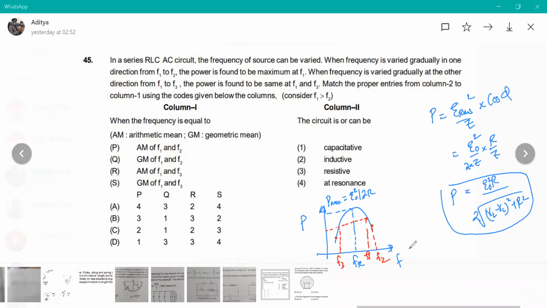So if at F1 and F3, the power factor is same, that means the value of XL minus XC whole square is the same. So that means you have that kind of relation now. So you have the relation that resonant frequency is 1 upon 2 pi root LC.